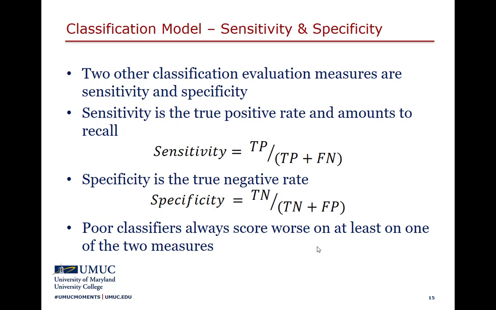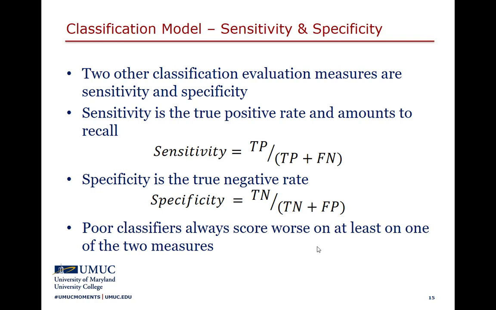Just to use the same example that I used for the positive, if the model, for instance, predicts 100 cases that are not spam, and you take the true negatives as a proportion of that 100, it is a way to identify the true negative rate of the model.